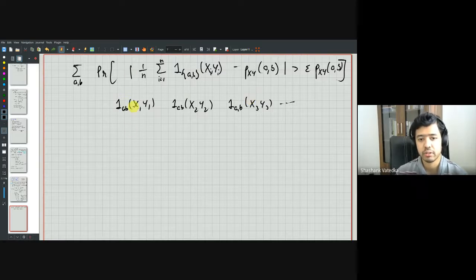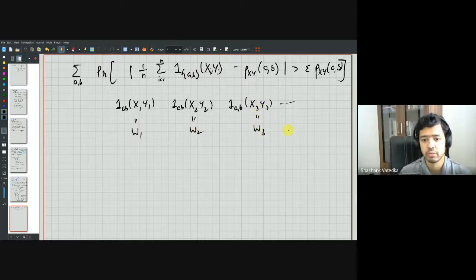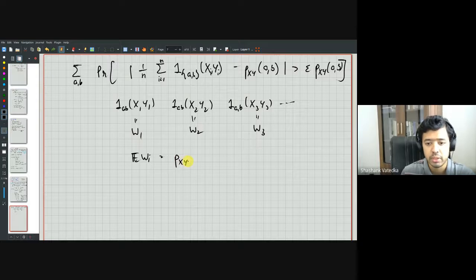Since (X_i, Y_i) are all IID, these indicator random variables will also be IID. Let me call this W_1, this W_2, this W_3, and so on. Each W_i has expectation equal to P_XY(a, b), and the W_i's are all IID.